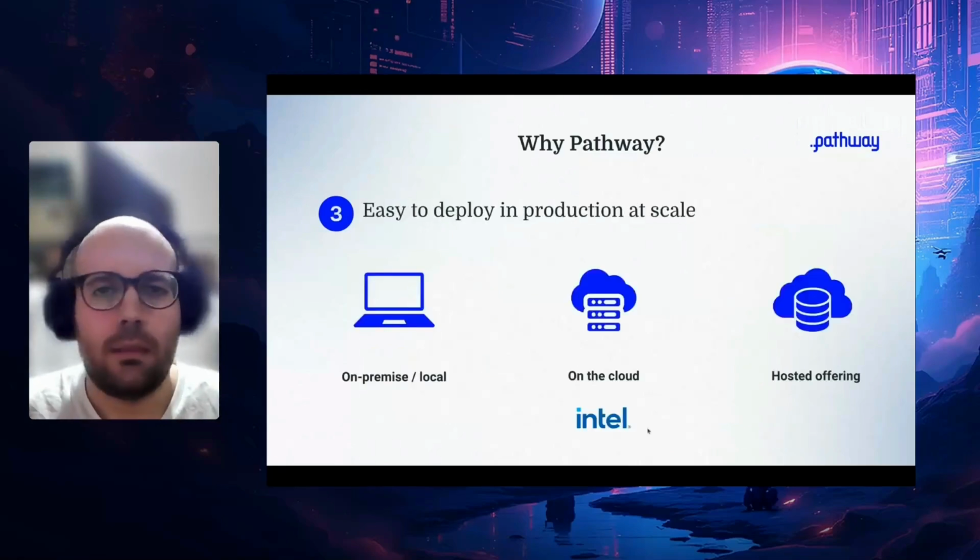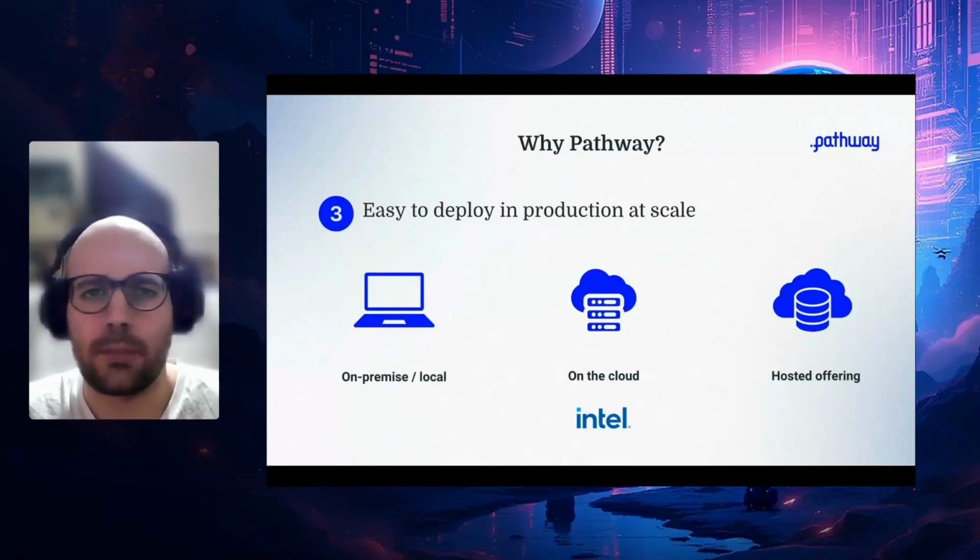The pipelines can be easily deployed. They can be deployed locally, on premise. I will be showing you something I did locally, and it's easy to deploy locally, but you can also run this on the cloud, including the Intel private cloud. And if you want us to do that for you, we also have a hosted offering.